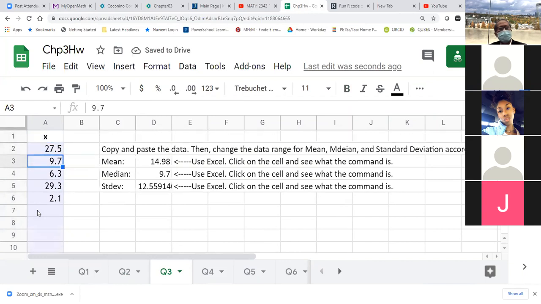So now the range is from A2 to A6, right? So you need to change this from A2 to A6. Enter. This is the same thing from A2 to A6. The same thing like this one.